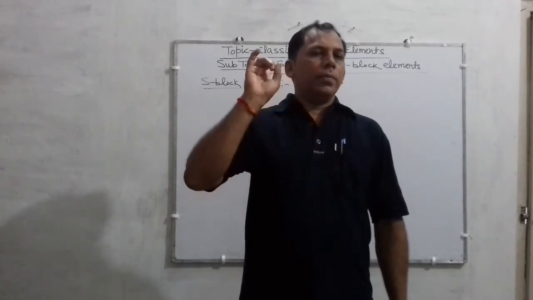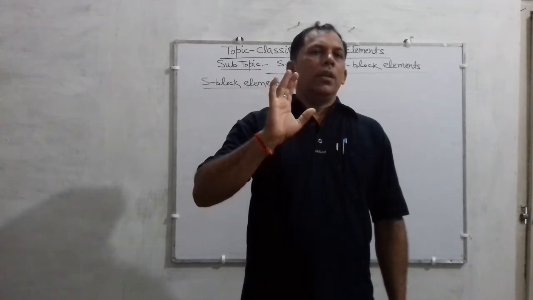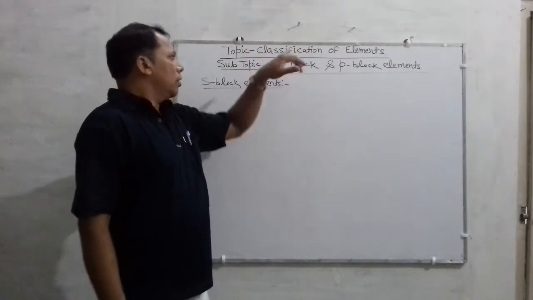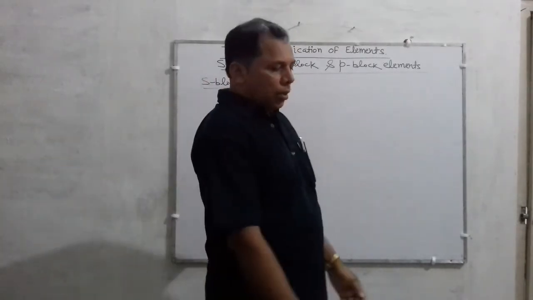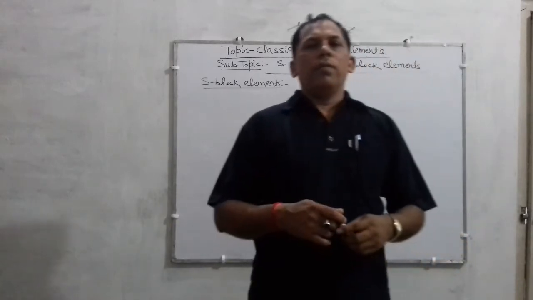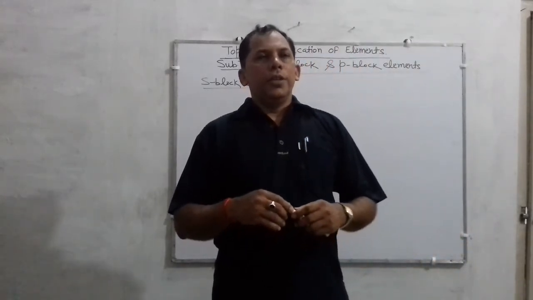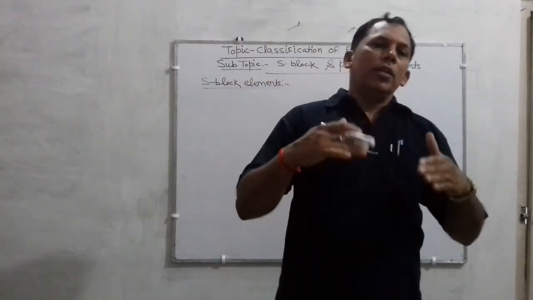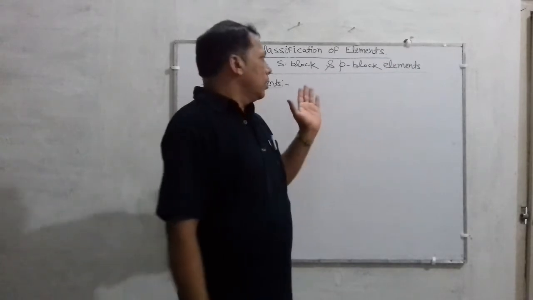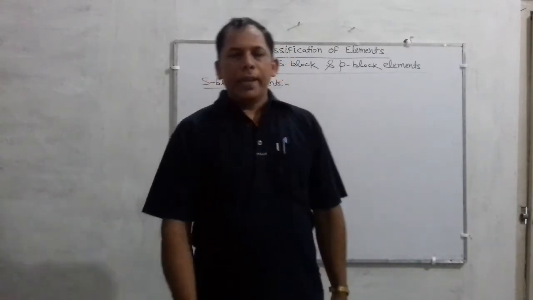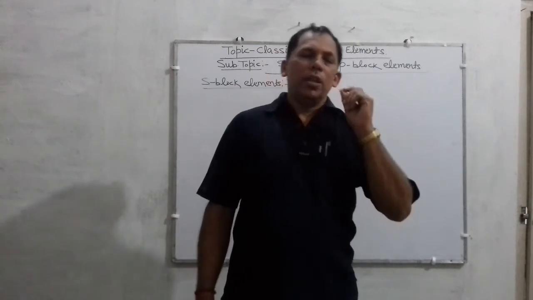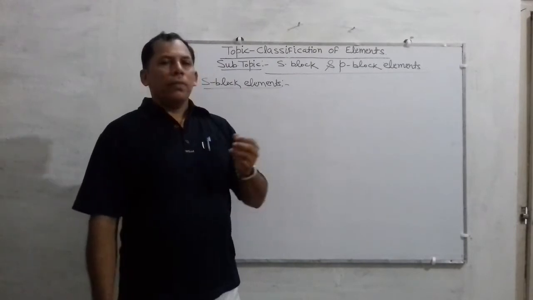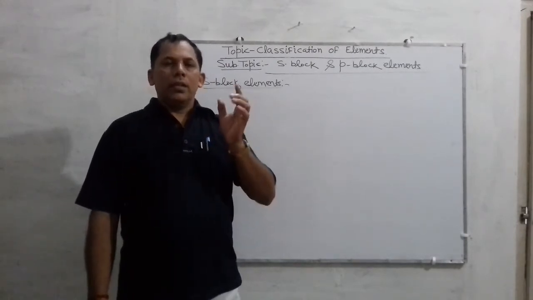So, on the basis of previous lectures, you should focus on the new point, that is how the modern periodic table or long form of the periodic table is divided into 4 blocks, and what is the relationship of these elements with electronic configuration. So children, listen to the lecture sincerely, then you will understand the fact clearly and neatly.